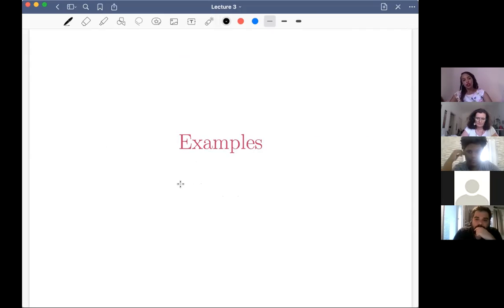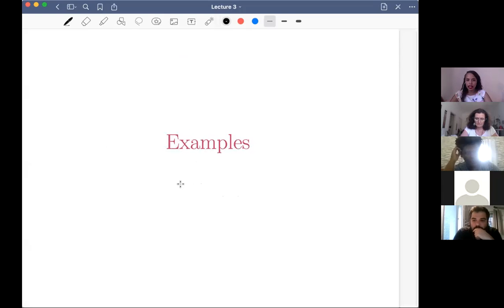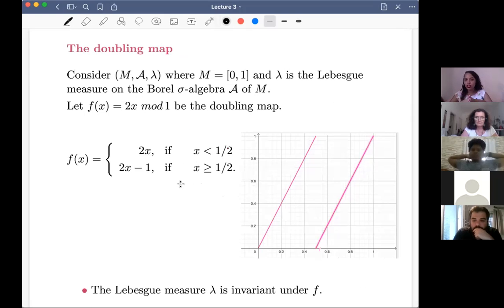All right, so continuing these examples that I started last week, I'll just recall we talked about the doubling map. The doubling map is simply the map that doubles x and takes modulus 1. So you can rewrite it as 2x and 2x minus 1, and this is the graph of the map.